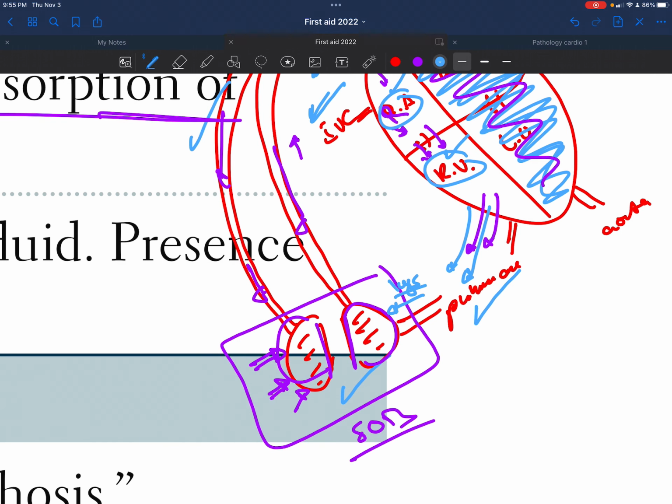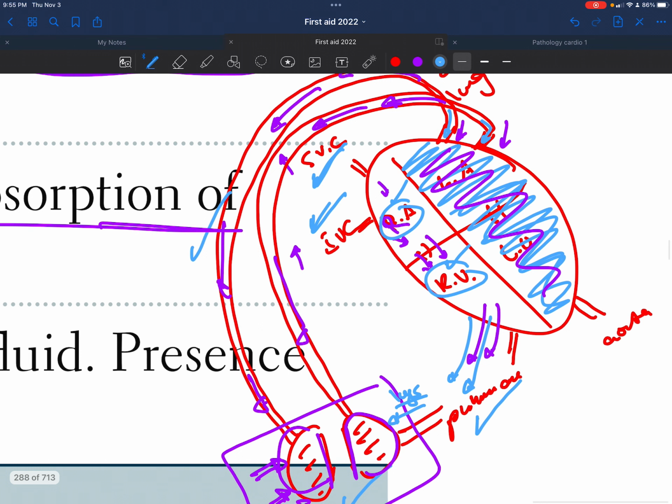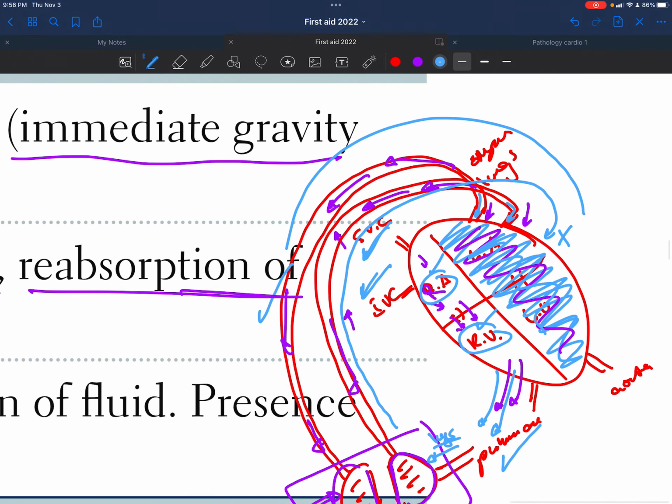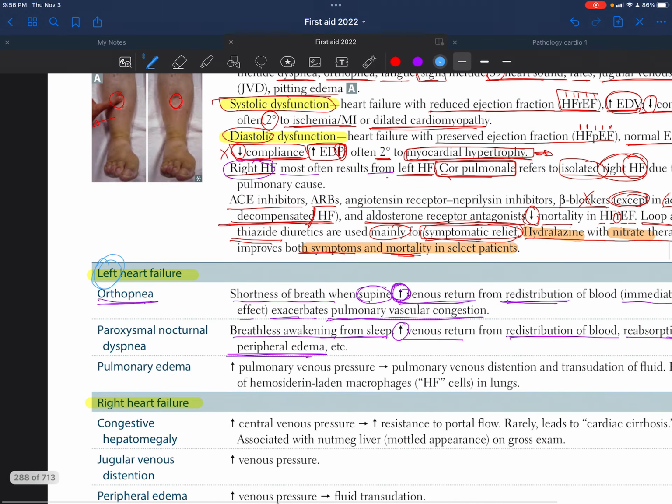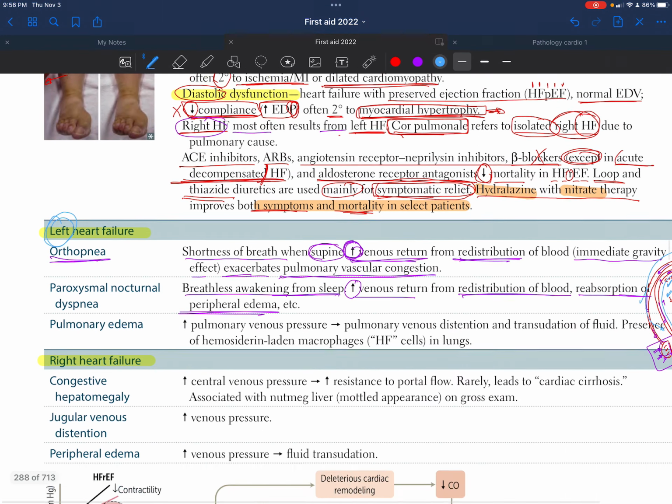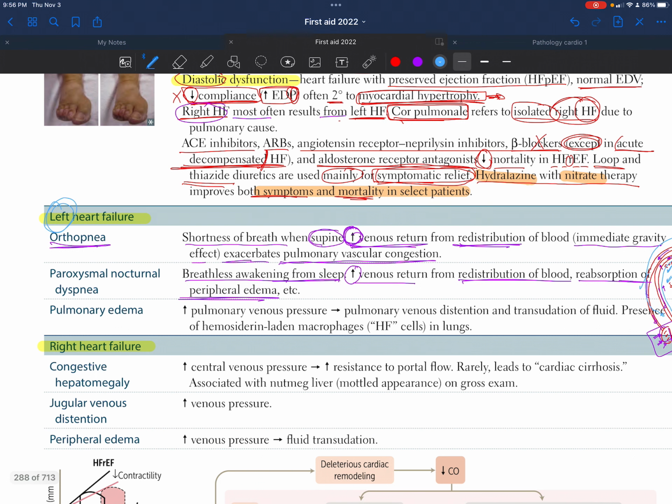The patient is asleep, and then it's supposed to go from the lungs to the left side of the heart, but then the problem starts, and it gets stuck because the left side of the heart is failing. So unfortunately, it needs to back up into the lungs and cause this paroxysmal nocturnal dyspnea, and the patient starts awakening breathless at night or during sleep.